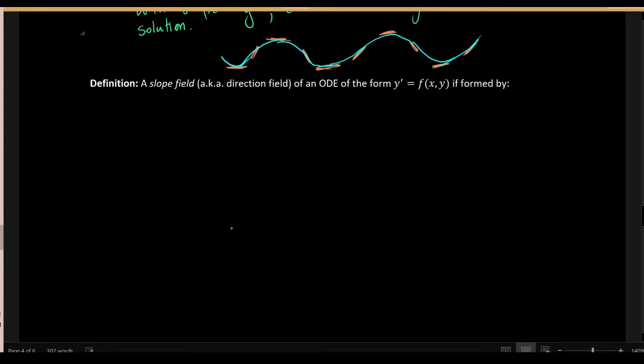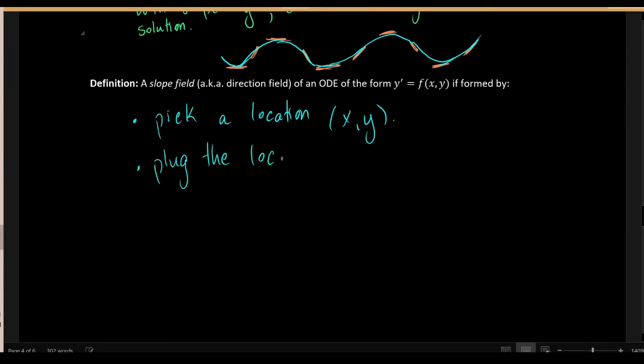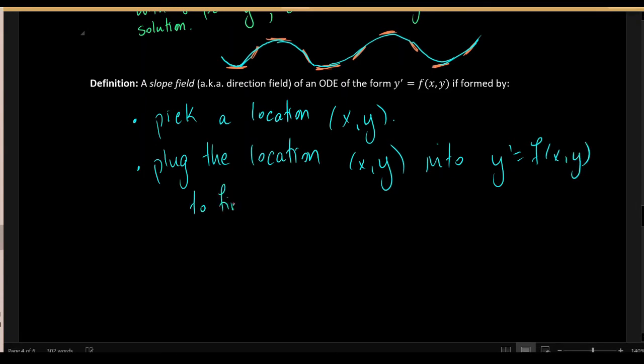And here's how you construct the slope field. You pick a location on the xy plane. Let's just call it x, y. Plug the location x, y into your ODE to find the value of y prime at that location.